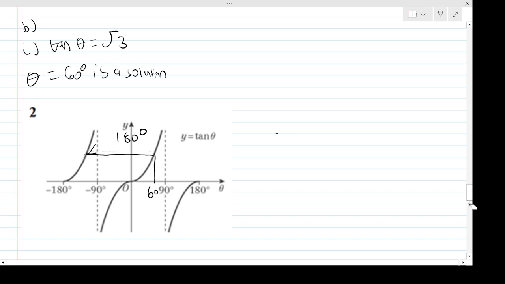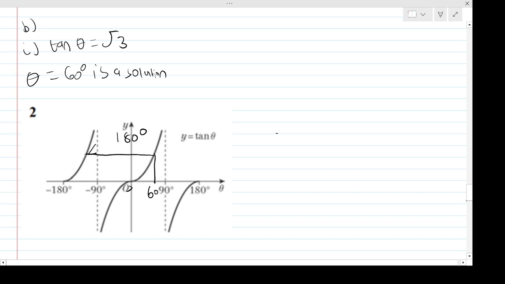Because that's the period, right, when the graph repeats itself. And you can kind of see that here because 0 is when it starts, well, it starts at 0, but then minus 180 is when it starts there again. So that means the gap here is 180, sorry, between when it starts at 0.